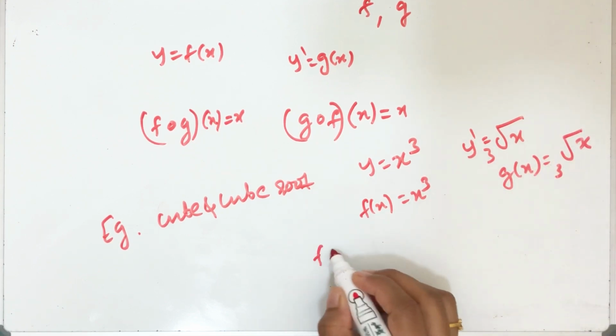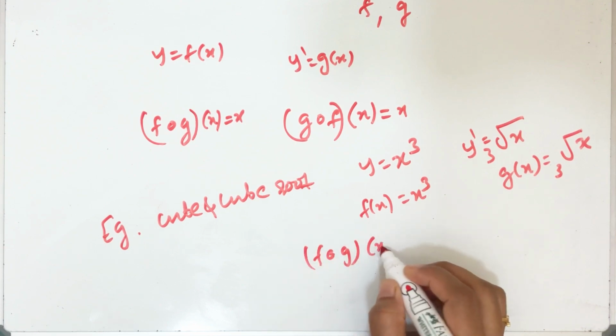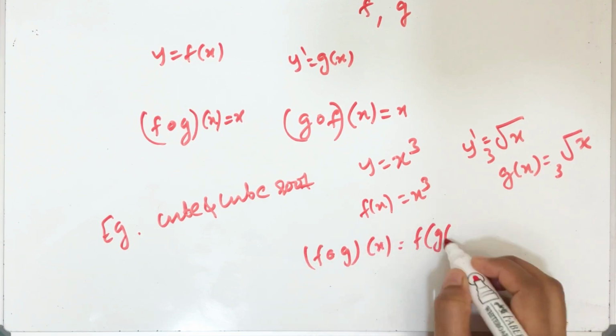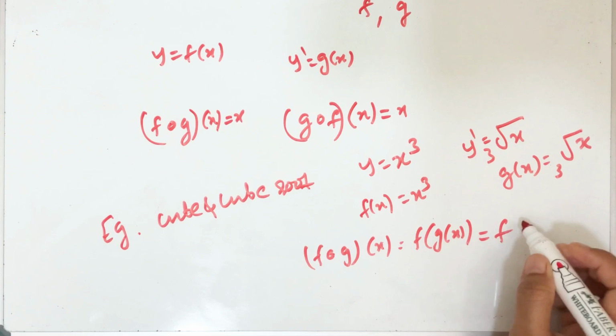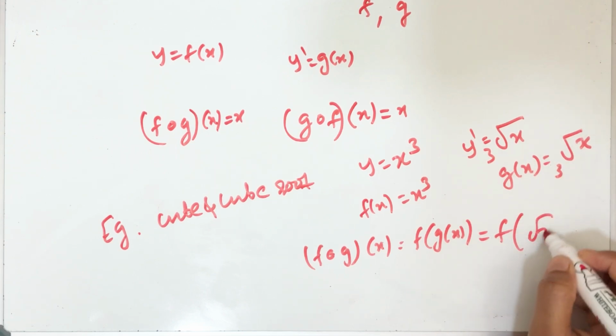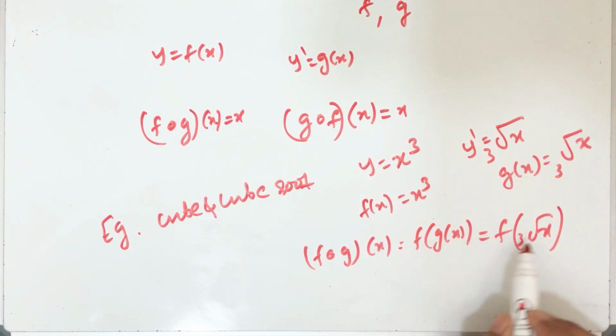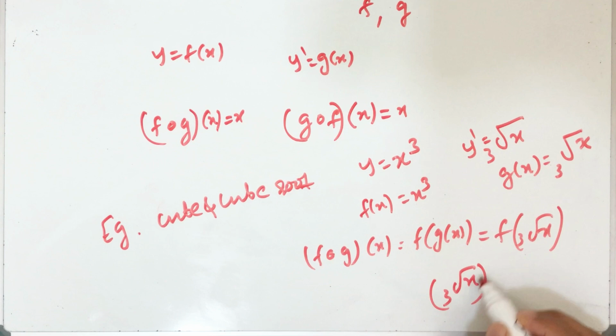Then f composite g of x is f of g of x, which is f of cube root of x. Since f of x is x cube, f of cube root of x is cube root of x the whole cube, which is equal to x.